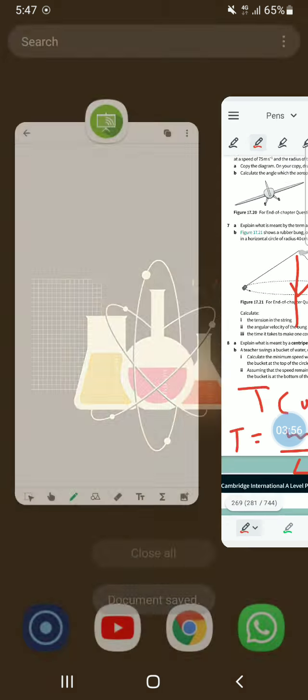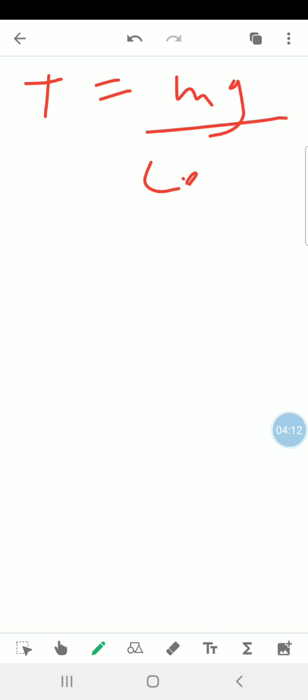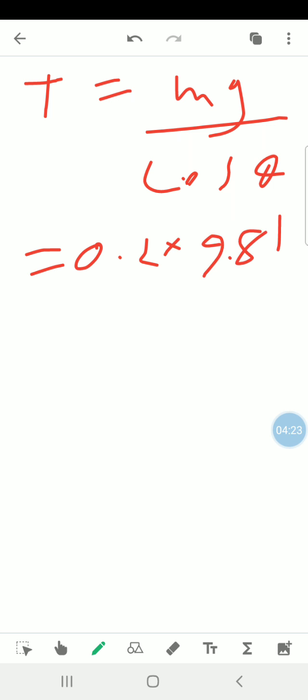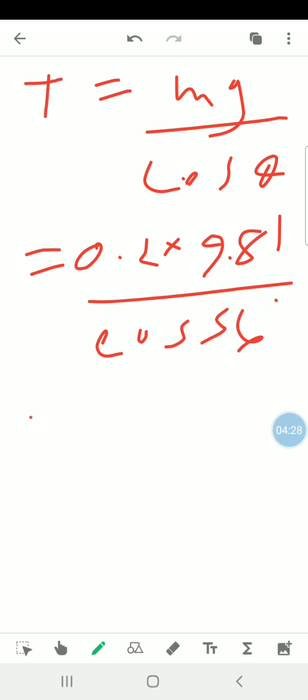So let's do this and see how our marks are going to be. T equals mg divided by cos theta. So now what is m? m is 200 grams, so you take it as 0.2 multiplied by 9.81 g divided by cos theta, which is cos 56, because the angle is 56.